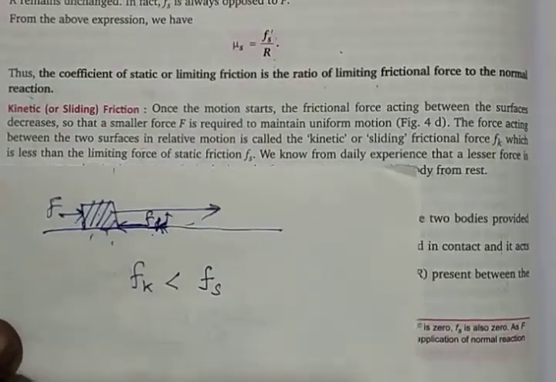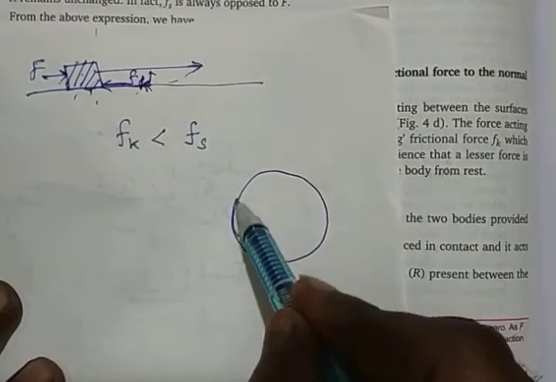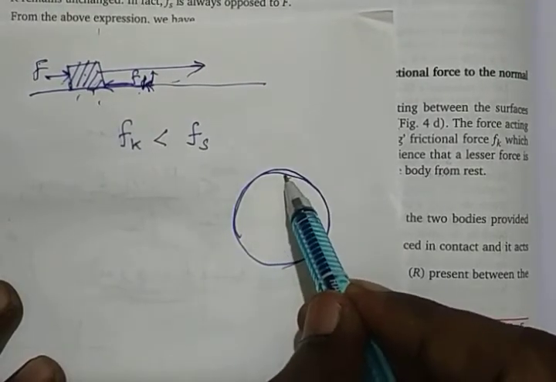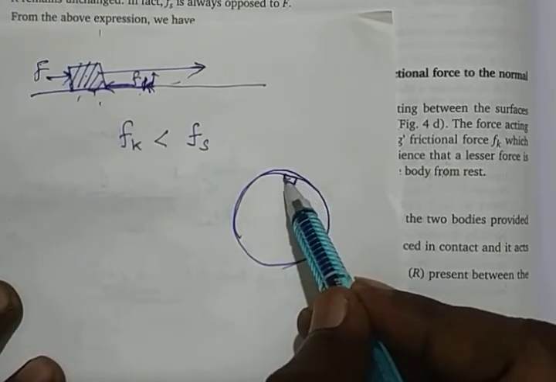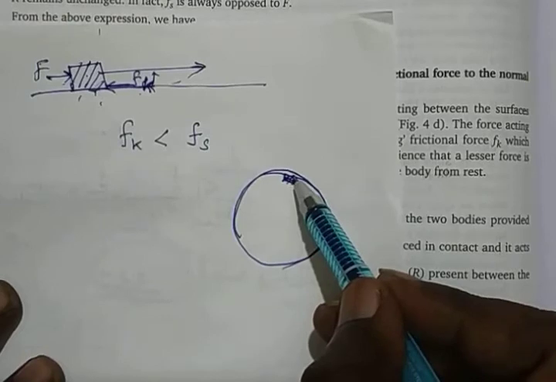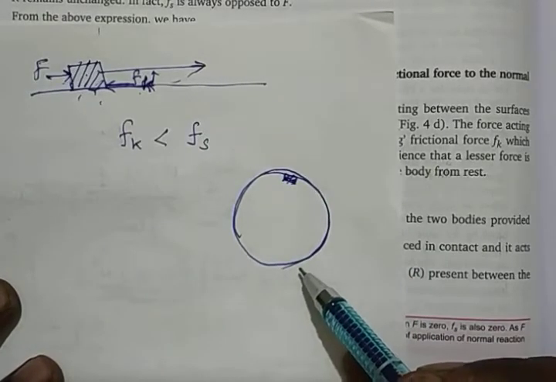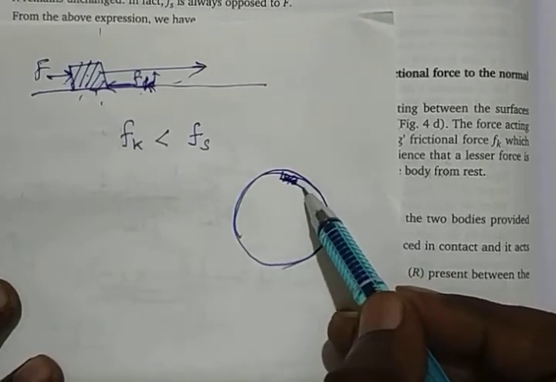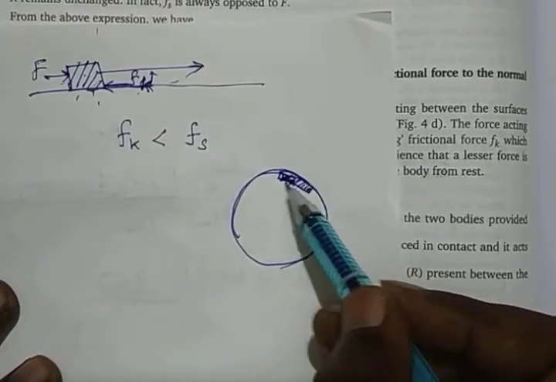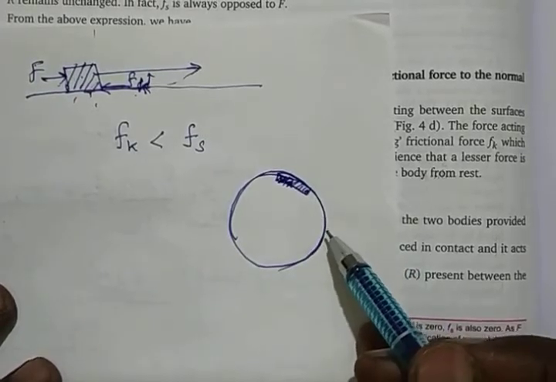One example: have you seen a cycle wheel? In a cycle wheel, you have brake shoes. When you apply the brake, immediately the rubber will come and touch the rim and the cycle will stop. What if you put a huge big rubber piece, will the wheel stop faster? No, that is not so.